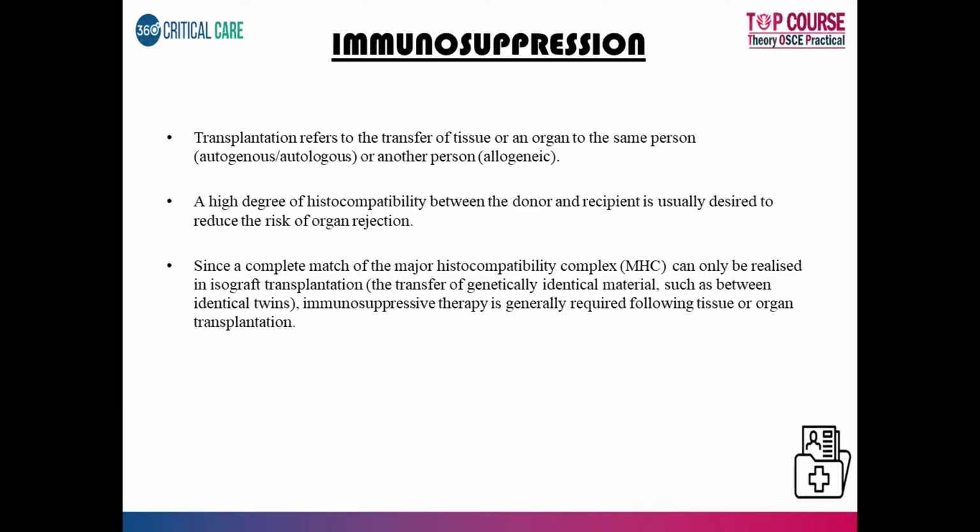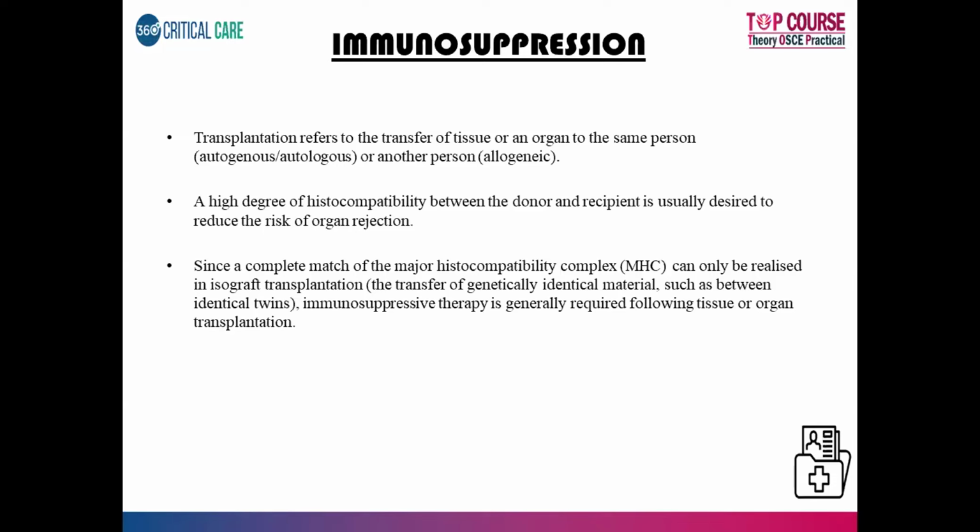So when you do transplantation, there should be some major histocompatibility complex matching which has to occur. Correct? If it doesn't occur, then there is an increased risk of organ rejection. This MHC compatibility should be matched nearly 80 to 90%.